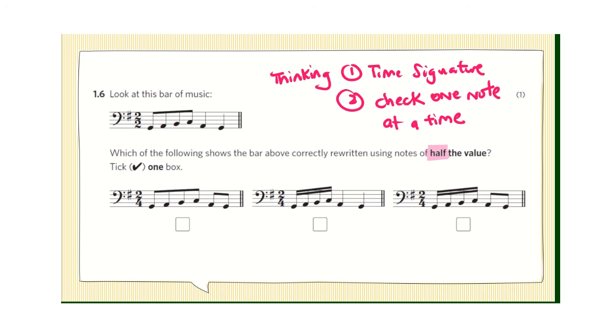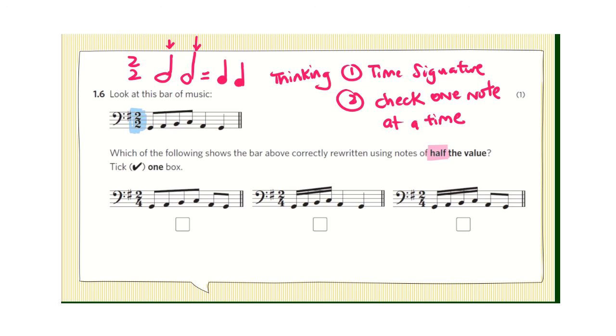The original time signature for this question is 2/2. Then we think, what does 2/2 mean? If 2/2 means 2 minim beats, then half of this becomes: the first minim beat halves to a crotchet, the second minim beat halves to a crotchet.